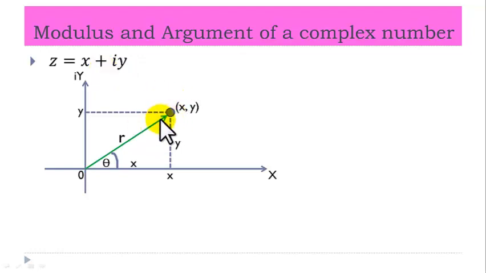On this Argand diagram, the distance from the origin to this terminal point is what we call the magnitude of this vector, or the modulus of the complex number z. This is written as r equal to the modulus of z. This is the symbol for the modulus or magnitude of the complex number.